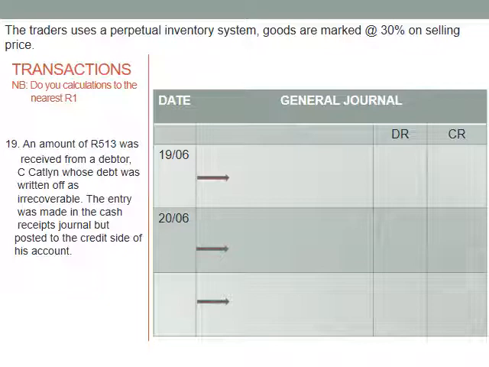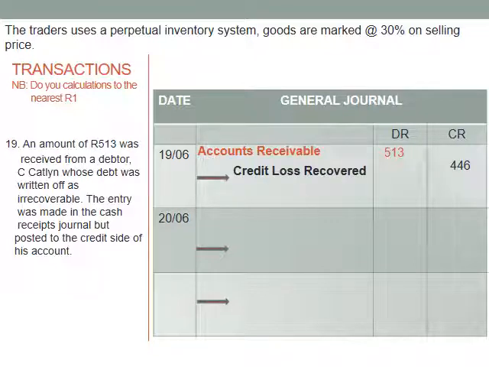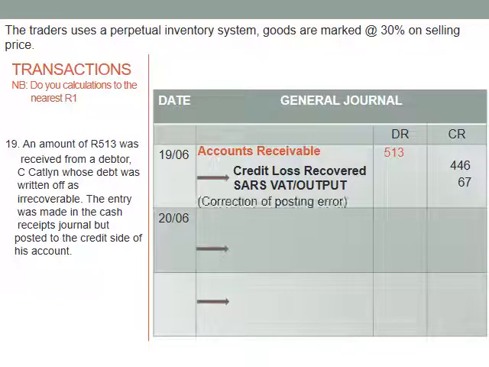Therefore, the entry will be reversed by debiting the accounts receivable with a full amount of 513, credit the credit loss recovered income account with the amount excluding VAT, calculate the VAT included in the amount, credit it to SARS VAT account. The narration will read as correction of posting error.